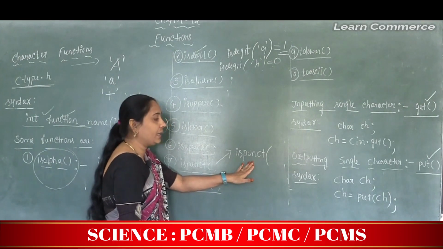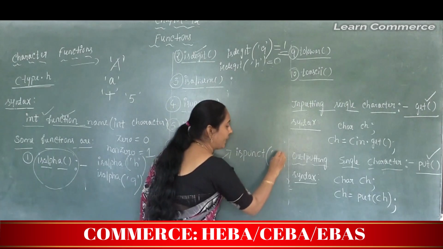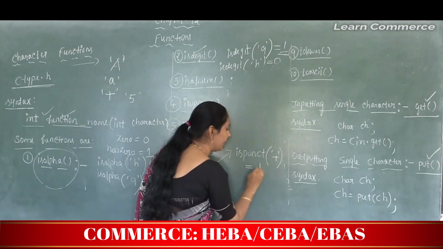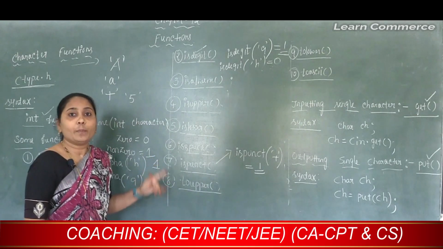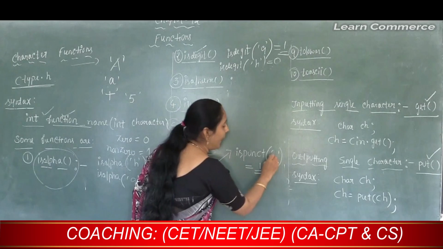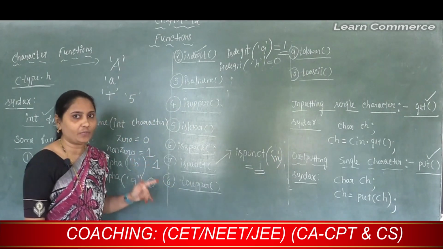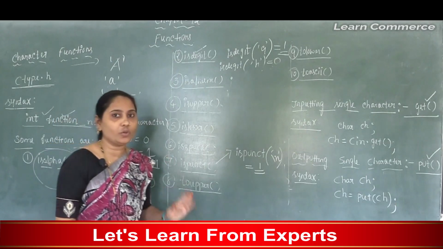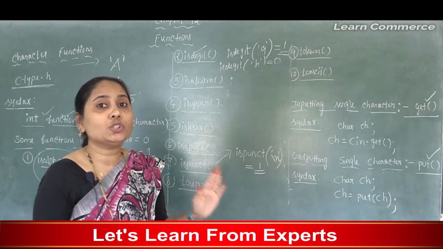If you use the plus symbol, then it returns the value 1 only. But if you use backslash n, will it return the value 1? No, because we know that only special characters are called punctuations, correct?